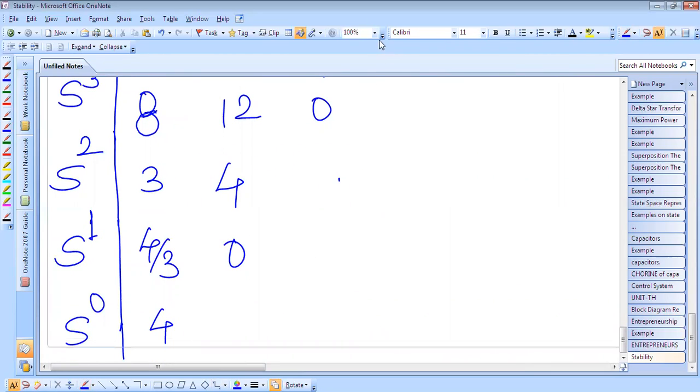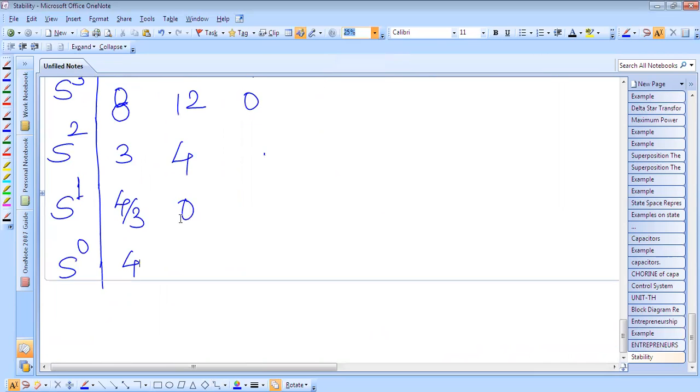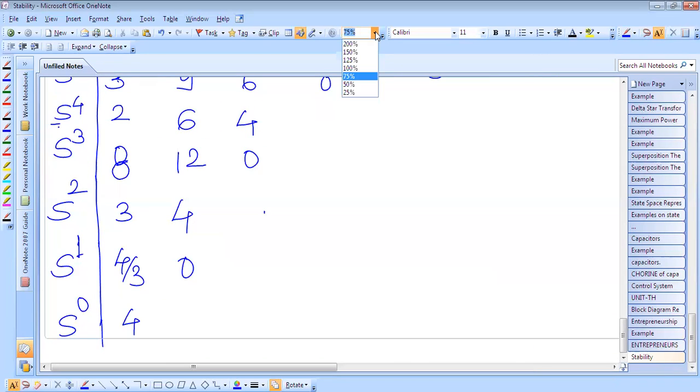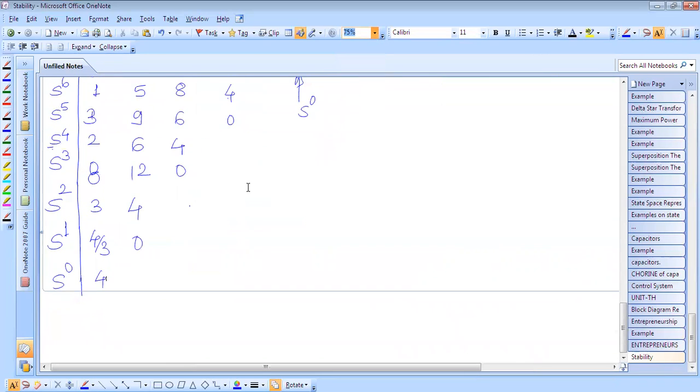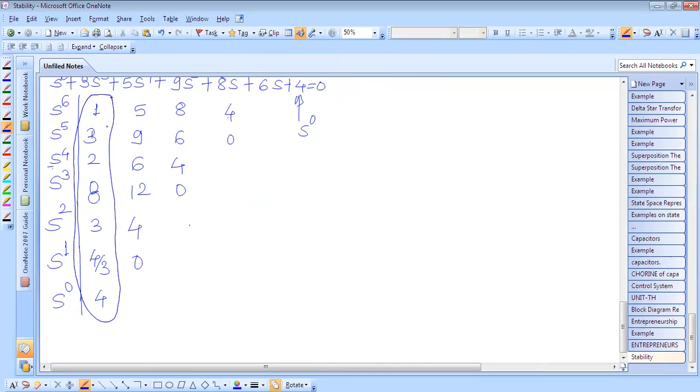So we can see here all the elements are positive. This is your first column, and the signs of all the elements in the first column are positive.